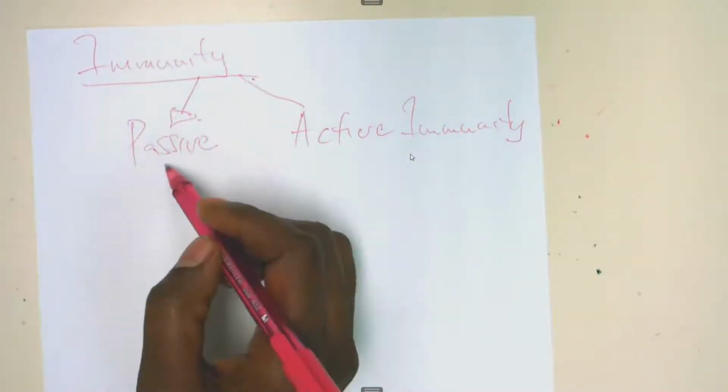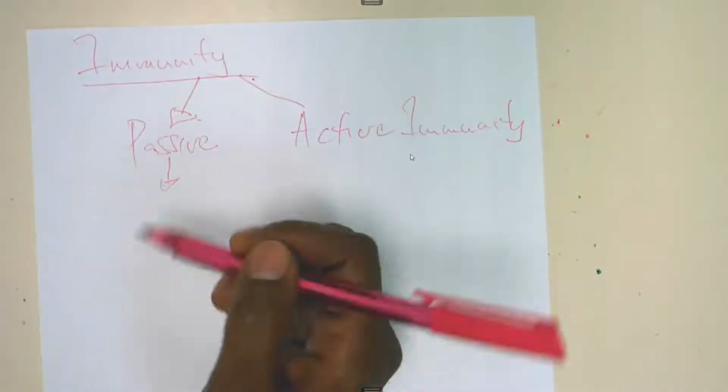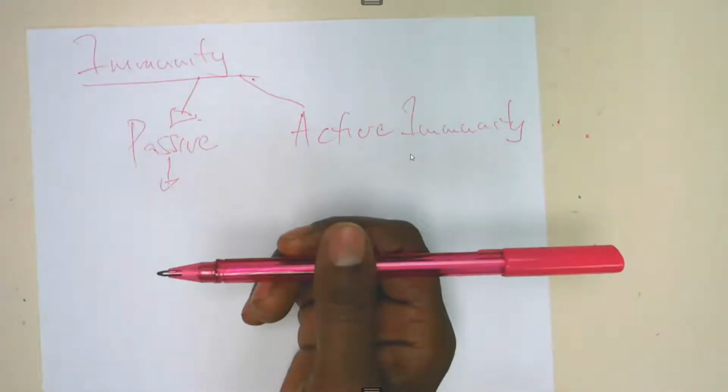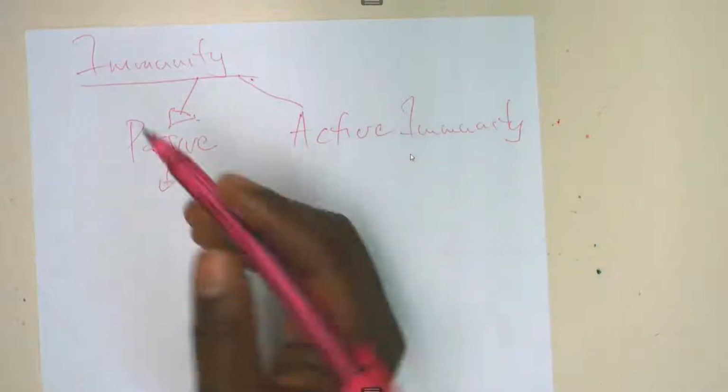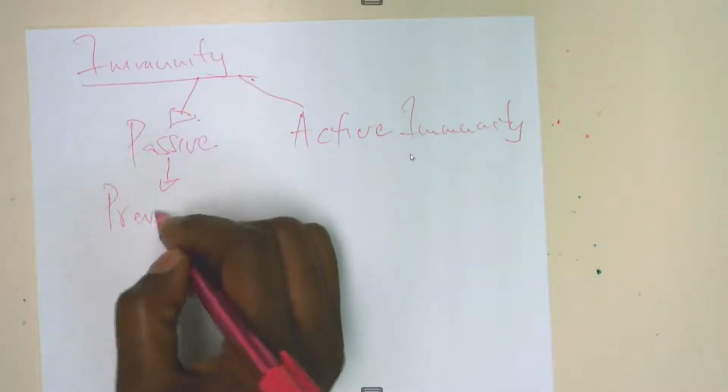So what is passive immunity? It is the mechanism to prevent pathogens from entering.